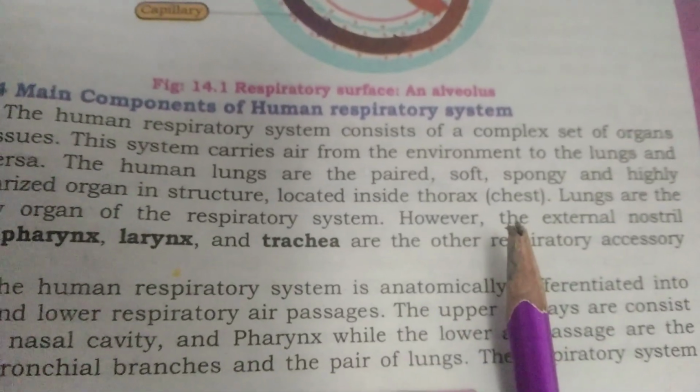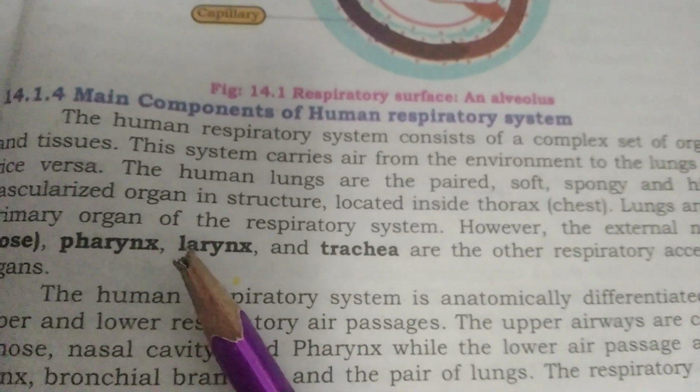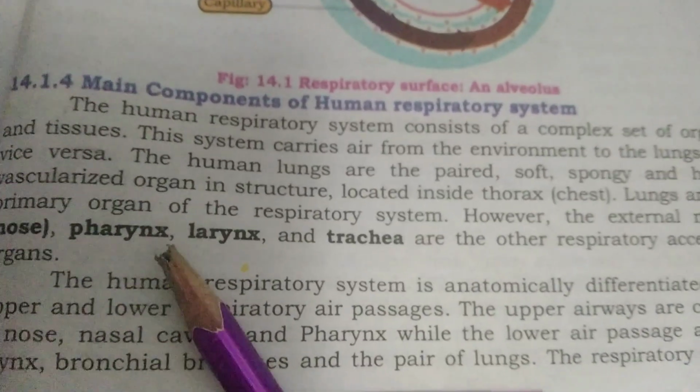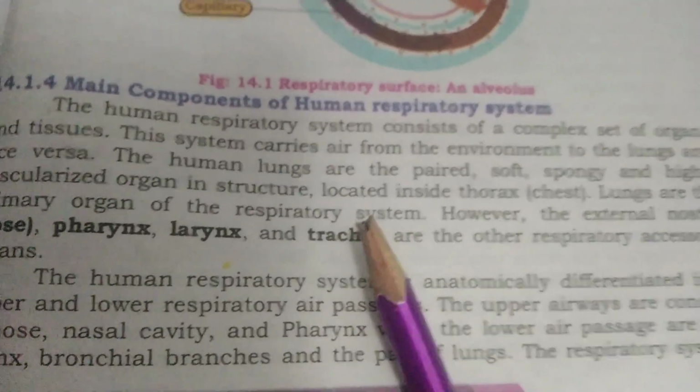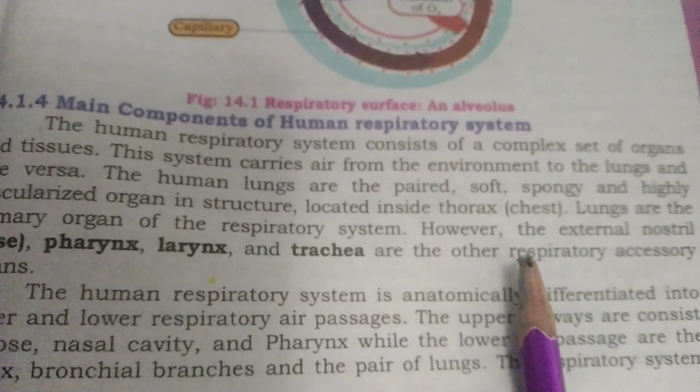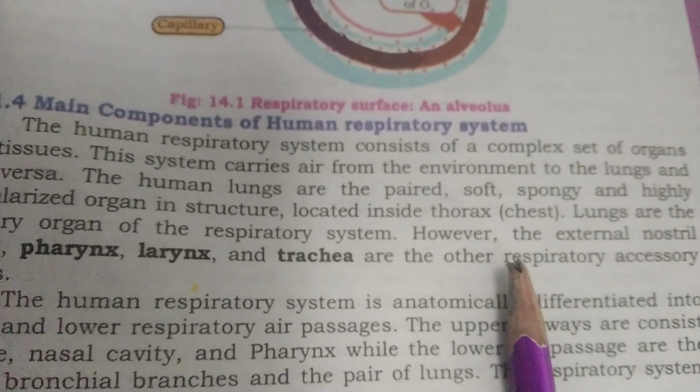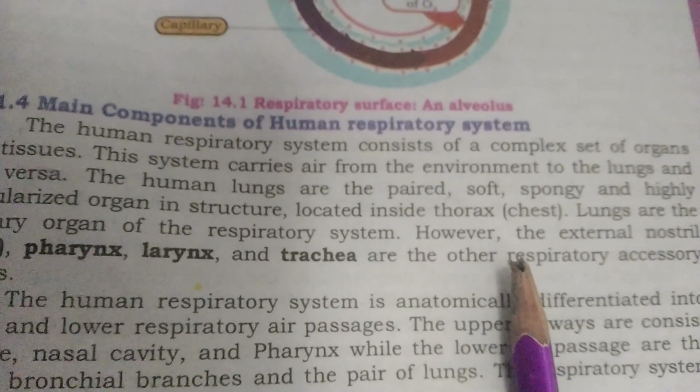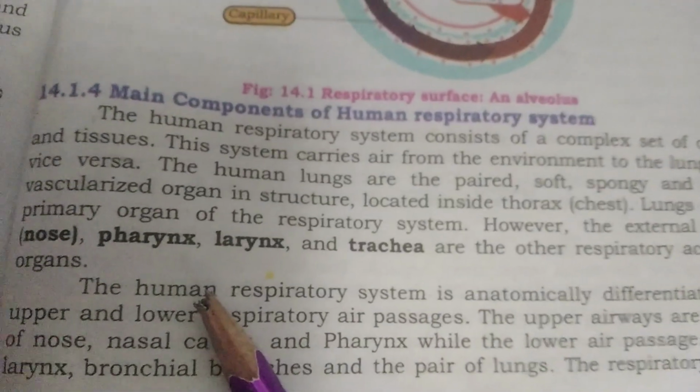However, we also have the external nostrils, which every human knows about: nose, pharynx, larynx, and trachea. All these are the set of organs in the human respiratory system which help in respiration.